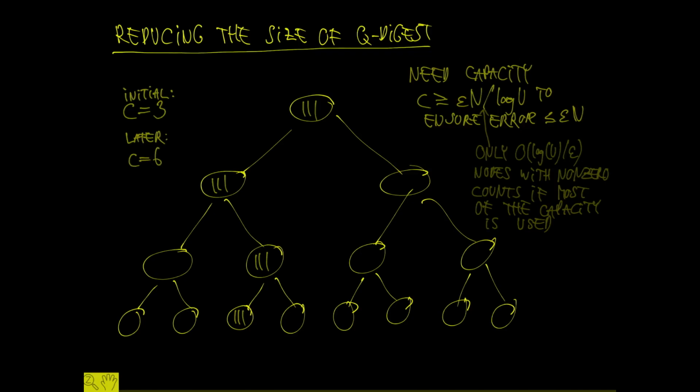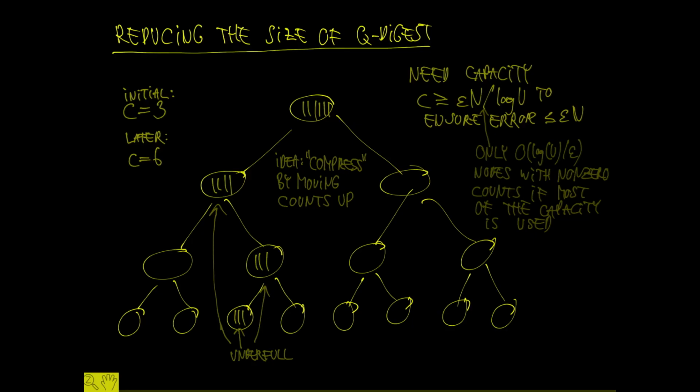So initially we might have c equal to 3, but at some later point with more elements inserted we might have c equal to 6, and a lot of nodes are suddenly underfull and can have more capacity. So the idea is to compress the data structure by moving counts up. In such a way that if your parent is not full, you move a corresponding count up in order to fill it.